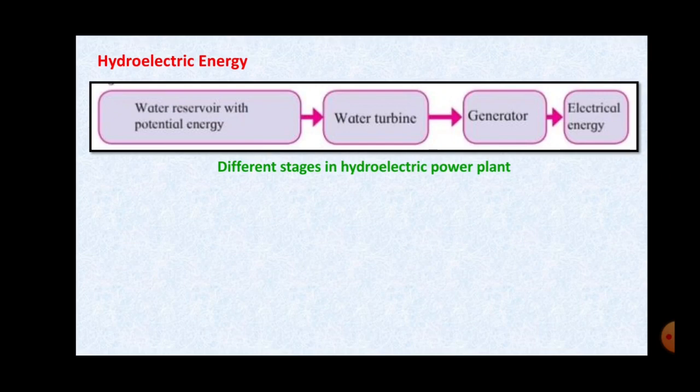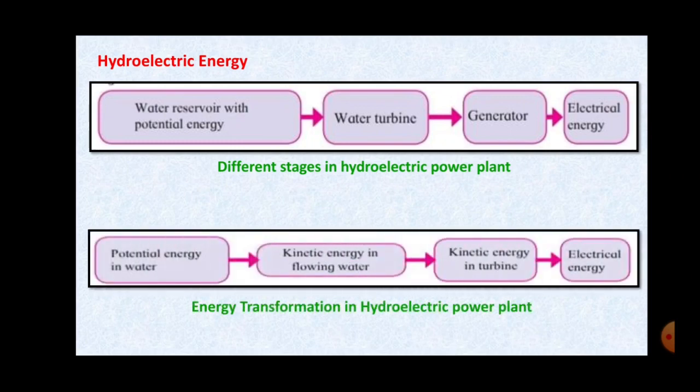And then in turn the turbine starts driving the generator, and thus electrical energy is generated. So these are the different stages in the hydroelectric power plant. Now how is the energy transformed from one form into another? This is a very conventional energy source, right?